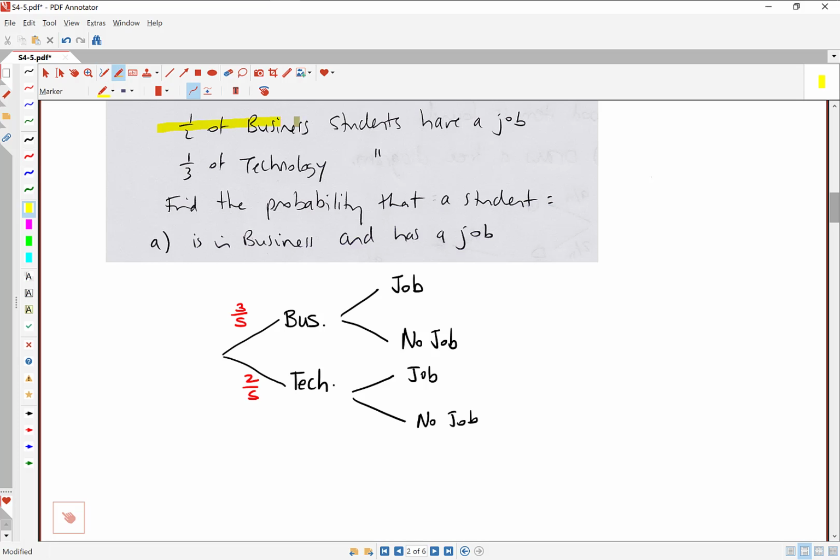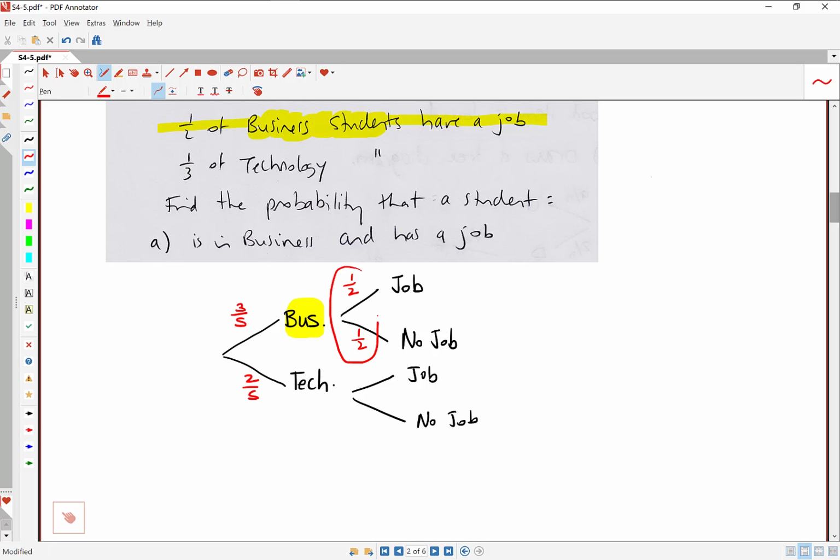So half of business students have a job. Notice that our sample space here is the business students. So we have to be sitting at this point in the tree diagram if we're talking about business students, and then say, now what's the probability that that business student has a job or not? Probability that they have a job, half. Therefore, probability that they have no job, 1/2.